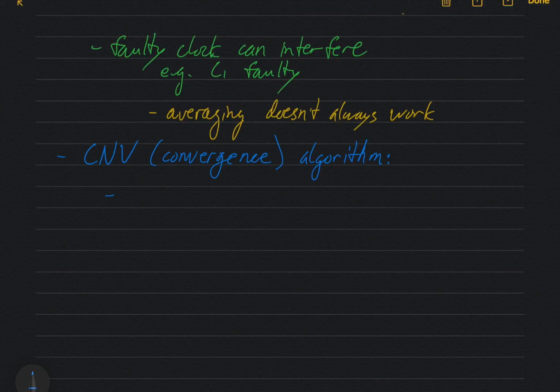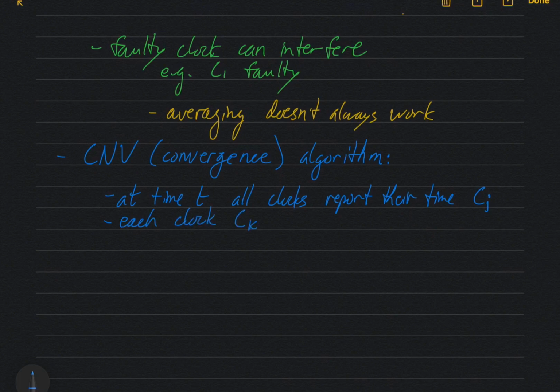So here's the algorithm. At time t, all clocks report their time, and we'll call that Cj. Each clock Ck records what it hears, so it records the time from each clock, but it does a little bit of filtering.